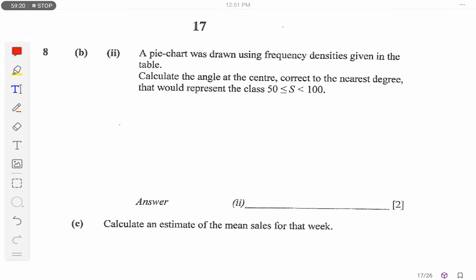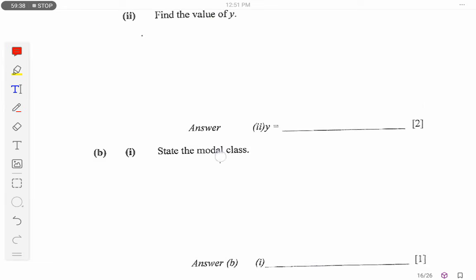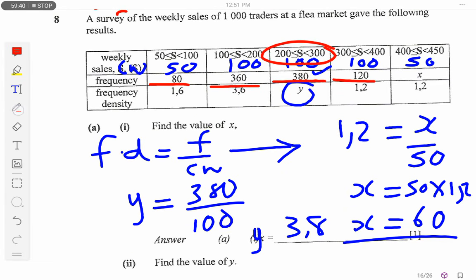Okay, then let's move on. They are saying a pie chart was drawn using frequency densities given in that table. Then they are saying calculate the angle at the centre correct to the nearest degree that would represent the class of 50 to 100. So you find out the frequency density now. For this one, you add the total frequency density for all of these.